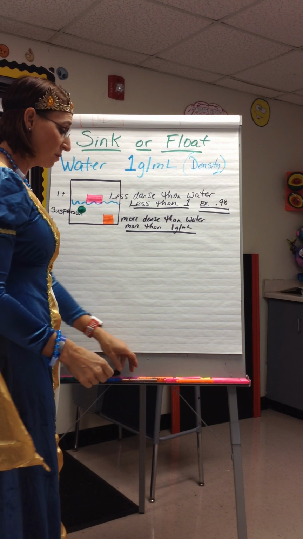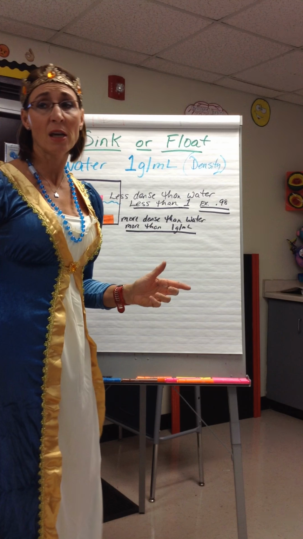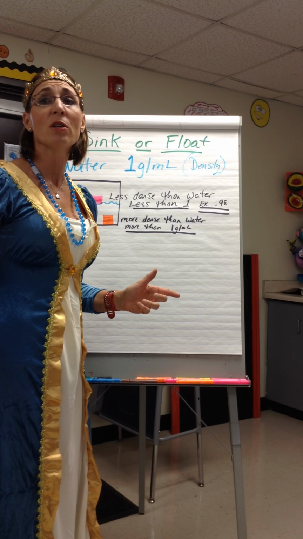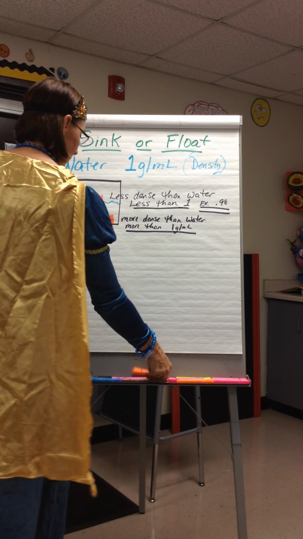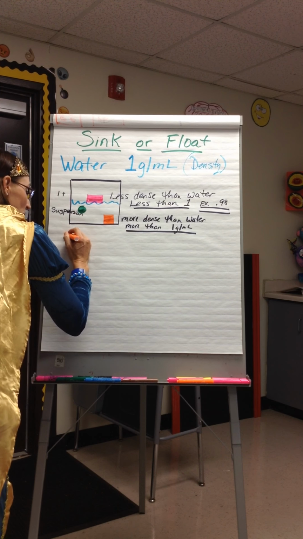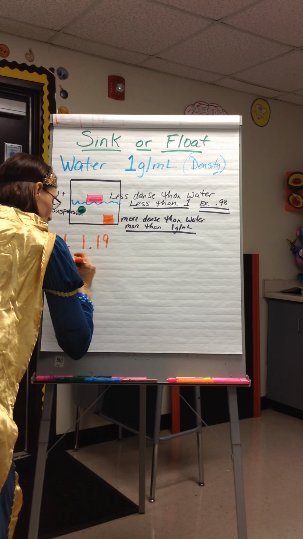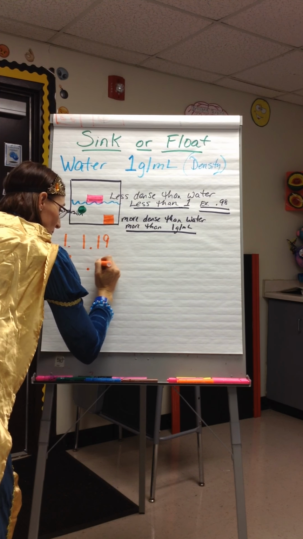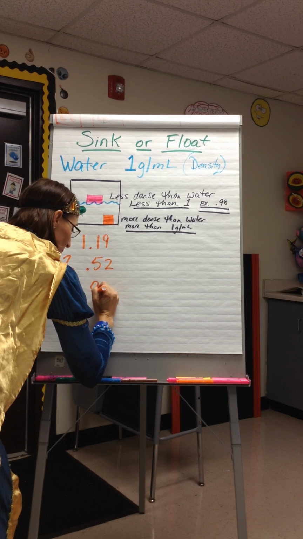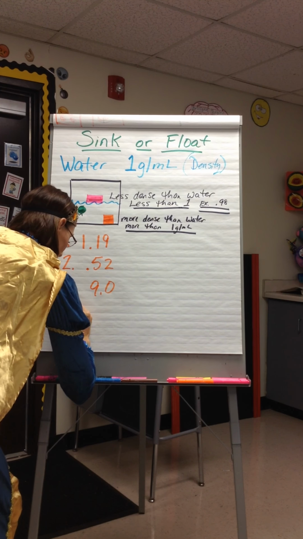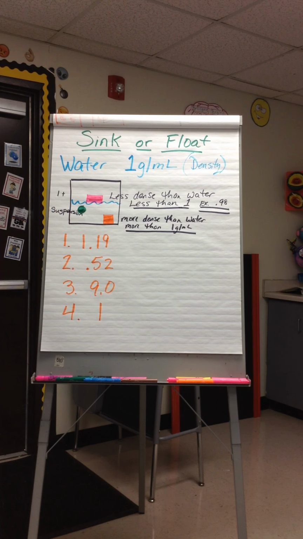Okay, so I'm going to give you some numbers, and you're going to write them down. I'm not going to tell you the answer, but you're going to tell me if it sinks or if it floats. So here we go. There's 4 of them.